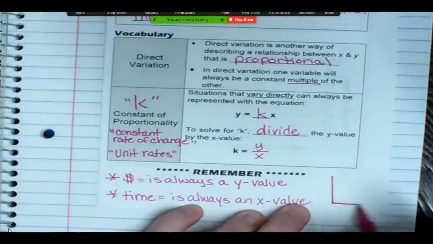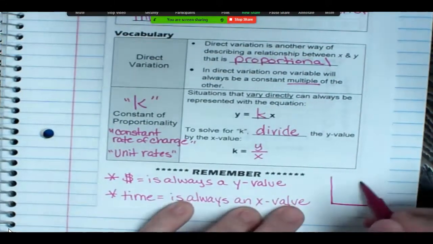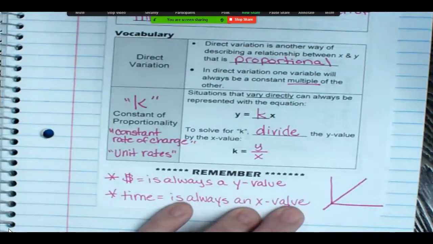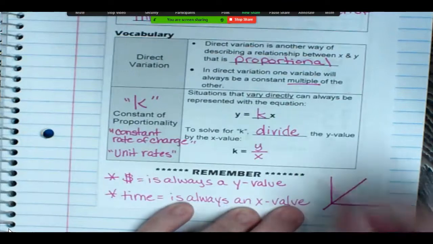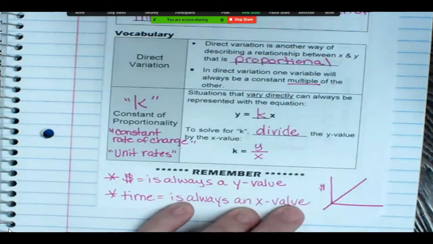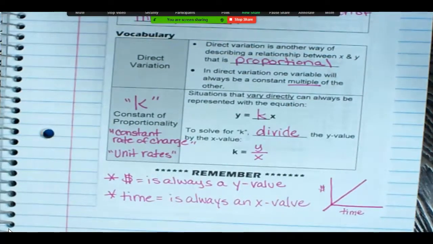So when you have a graph and you have a proportional relationship that goes through the origin, if we're talking about money, your money will always be labeled on your y-axis. Time will always be labeled on your x-axis. It's just a little tip. It's not a requirement to know, but it can help make things a little bit easier.